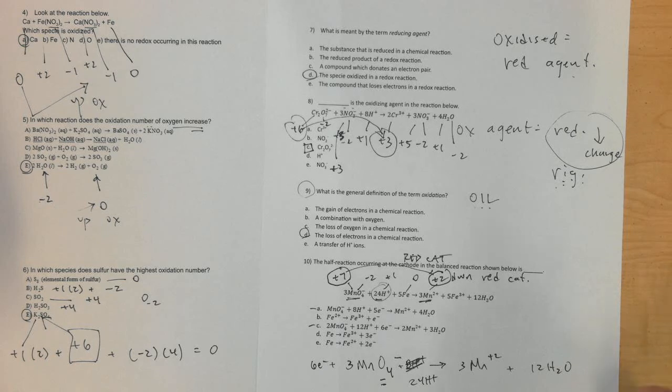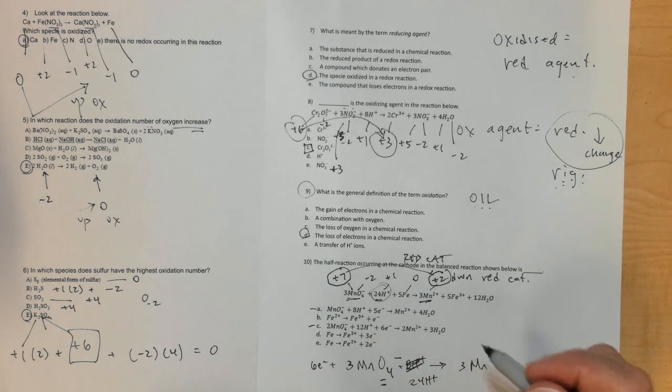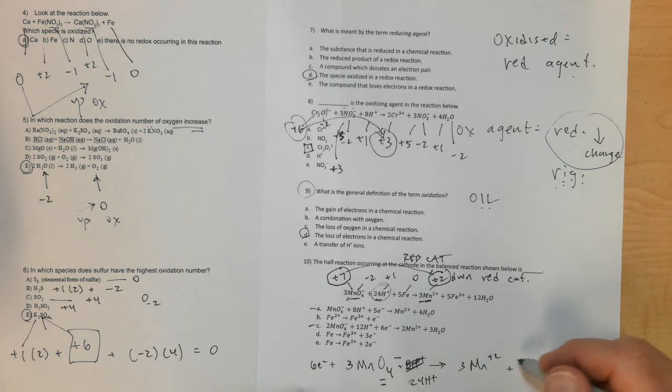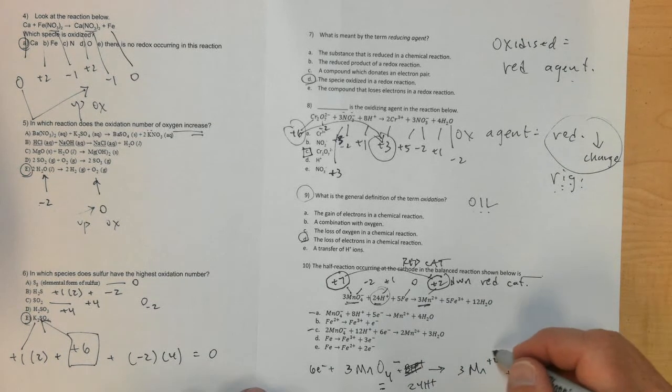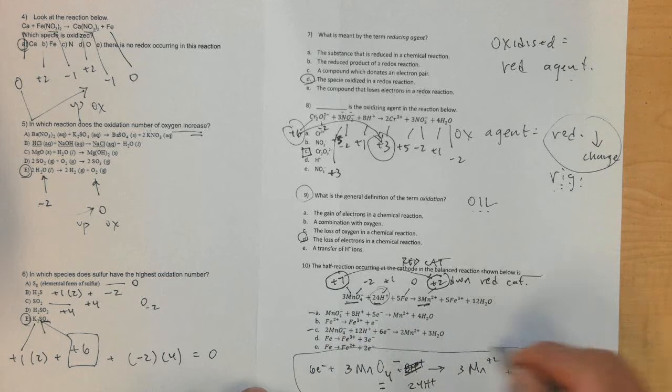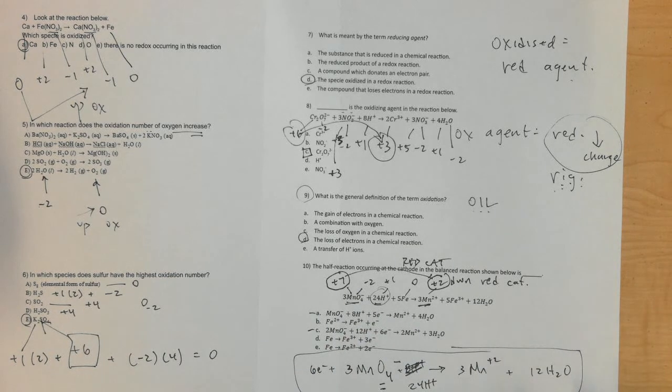And then we end up with this half reaction right here. But I think we can reduce things, because I think everything here is divisible by a number.